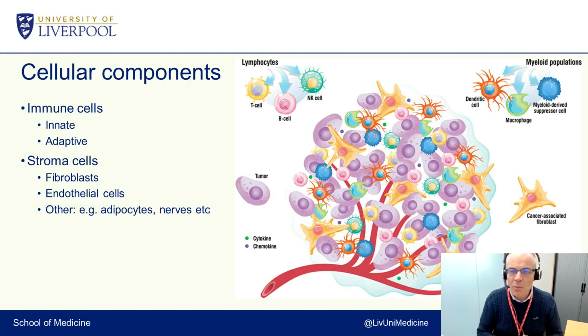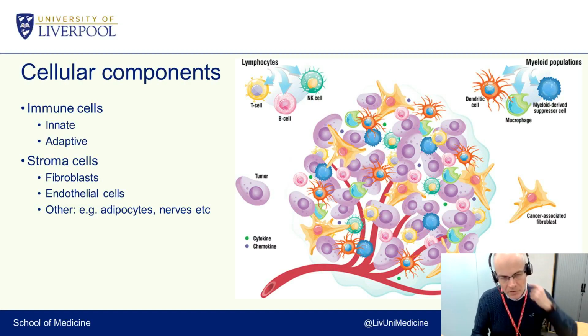And then there are what we would perhaps classically think of as stromal cells. These include fibroblasts and endothelial cells being the cells which line blood vessels. And then there is a mixture of other cells, adipocytes, fat cells, nerves, and so on, but also non-differentiated mesenchymal cells as well. And these may then differentiate into various lineages that we see in the developing tumour microenvironment.